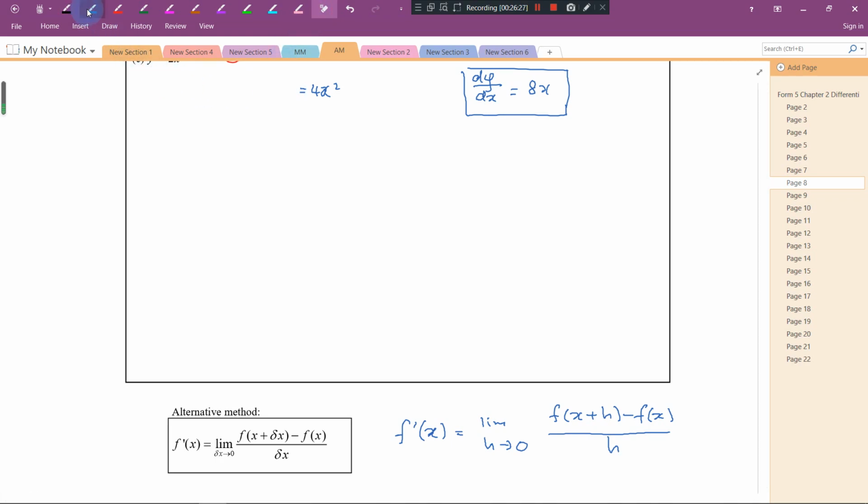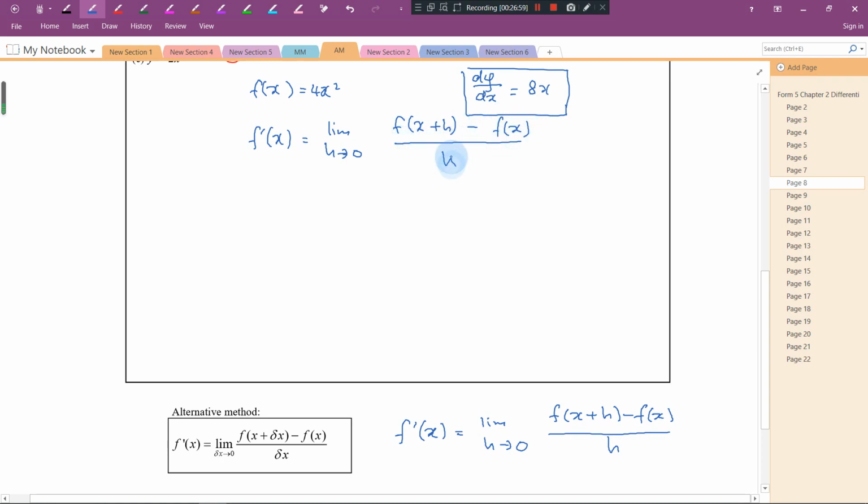Here, I'm going to change it to f of x. Now, f prime of x, which is the first derivative as well, is just represented in a different way. It means the first derivative of this f of x. Okay, I will just use this formula. Limit as h approaches 0 of f(x plus h) minus f(x) over h.